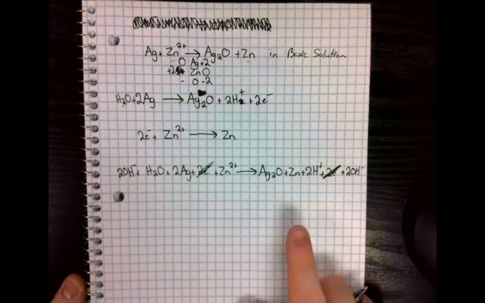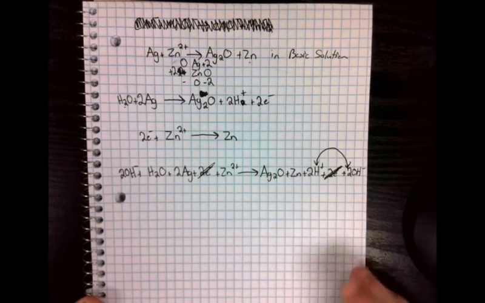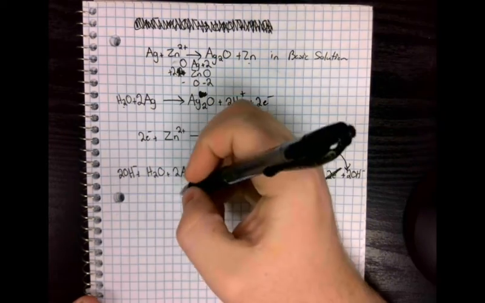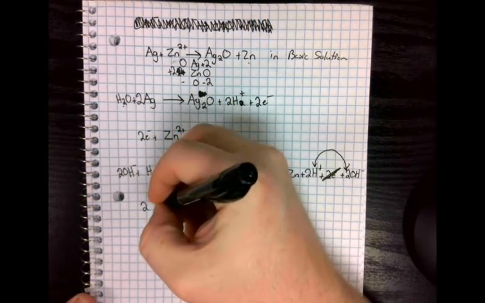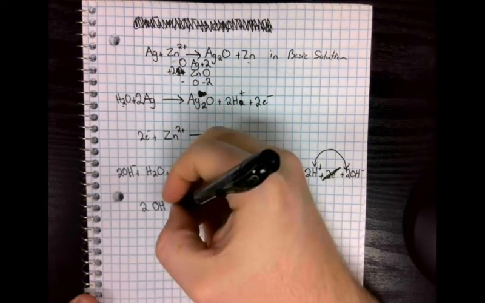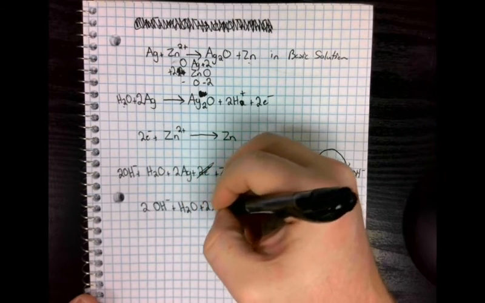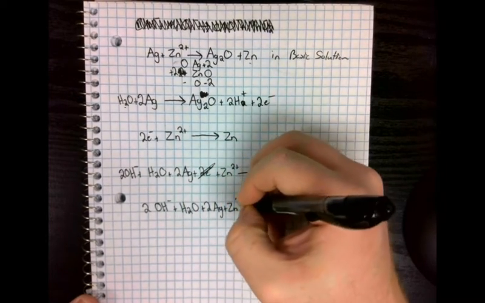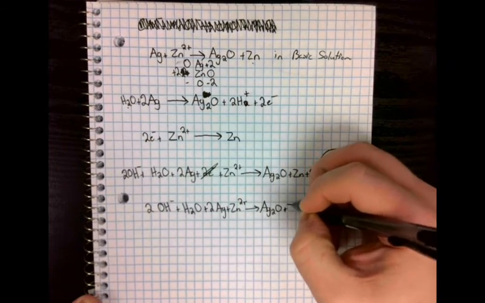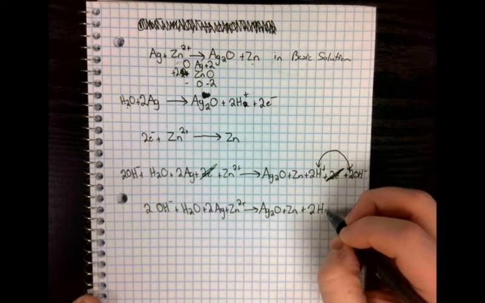Okay, next what we're going to do is combine our H's and our OH's, and then we're going to rewrite this and cancel it again. So I have 2 OH-, plus H2O plus 2Ag plus Zn2+ gives Ag2O plus Zn plus, and now I'm combining these together to make two H2Os.